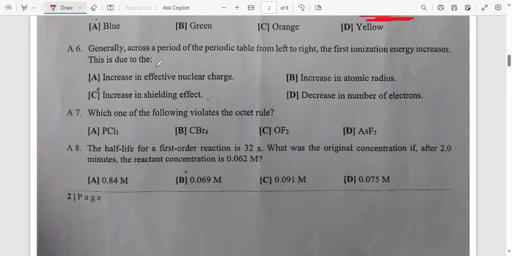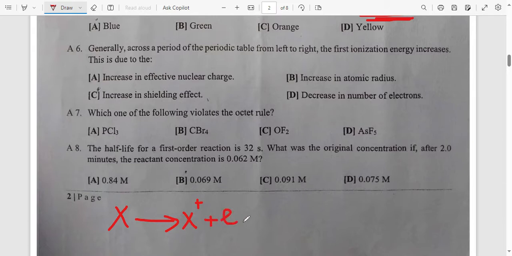Generally, across a period of the periodic table from left to right, the first ionization energy increases. This is due to, now, what is ionization energy? Look at this: if you have an atom X, it becomes an ion. So it is X plus an electron.